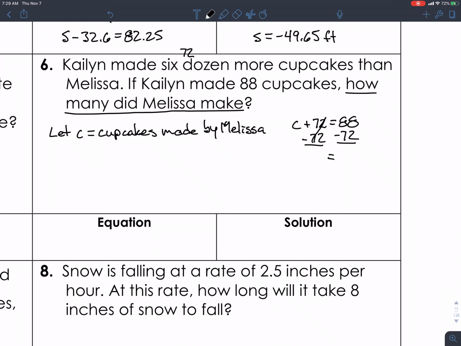The equal sign comes down the middle. I can move the C over because the 72 is gone. 88 minus 72: 8 minus 2 is 6, 8 minus 7 is 1. So it appears that Melissa made 16 cupcakes. Our equation was C plus 72 equals 88, and the solution is C equals 16 cupcakes.